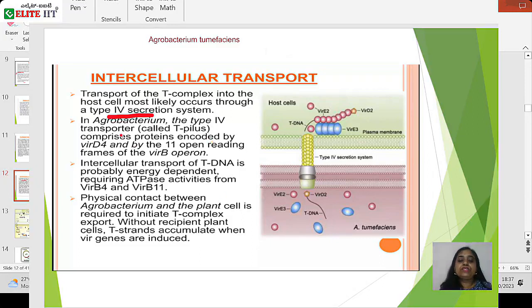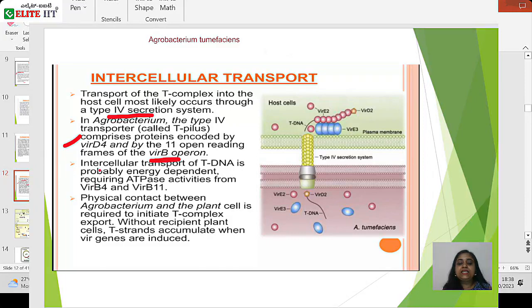The type 4 transporter or T pilus comprises proteins encoded by VirD4 and by the 11 open reading frames of the VirB operon. So VirD4 and VirB are involved in the type 4 secretion system formation.